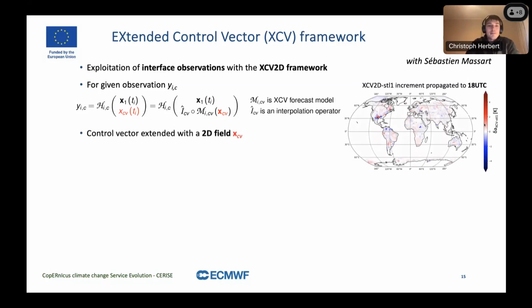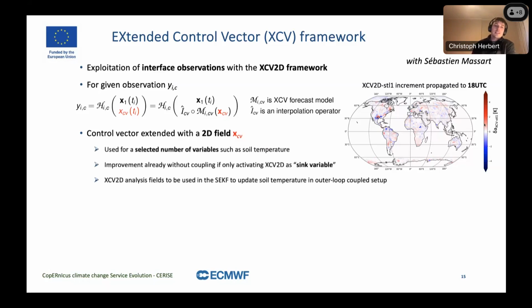So the control vector is extended by a new 2D field called the XCV, and here you see an example map of what an increment looks like in 4D-Var, which can then be assimilated in an outer loop coupled setup into the SEKF as an observation, similar to our screen level observations at the moment.